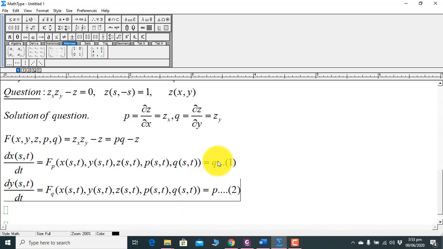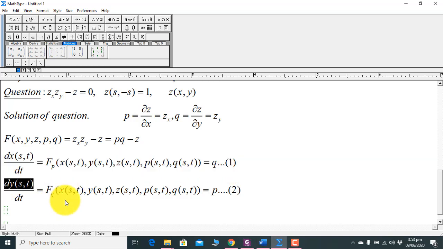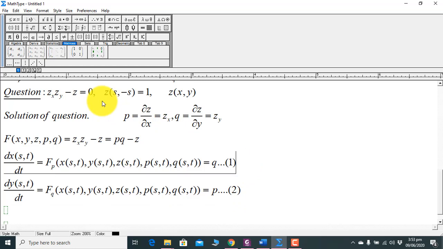At each step you have to think about all 5 equations and decide by yourself which equation is easy to solve. Can you solve dx by dt is q, or dy by dt is p? The answer is no, because up till now you don't know the value of p and the value of q.